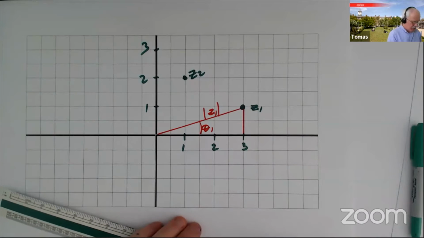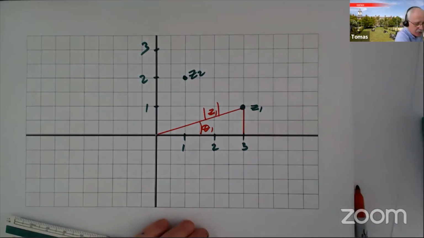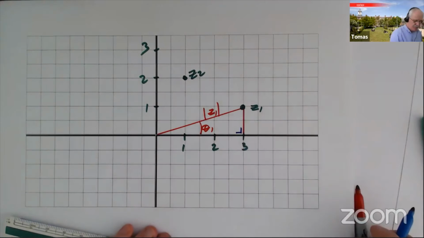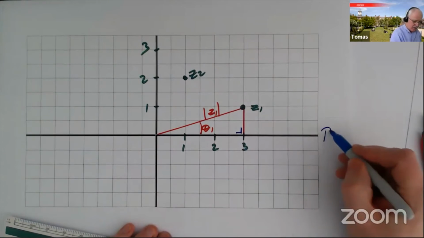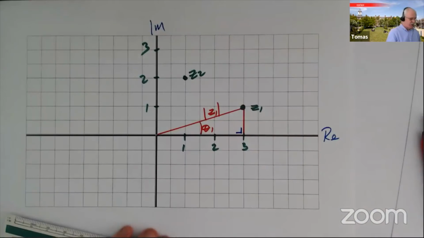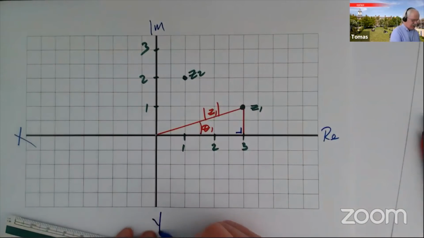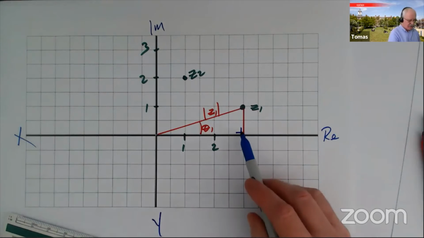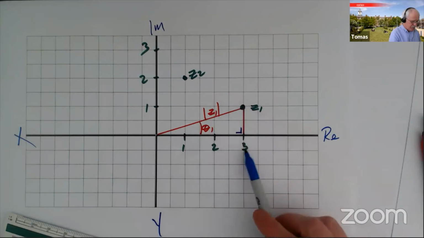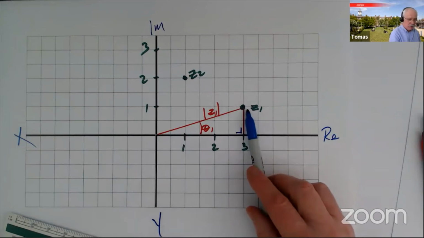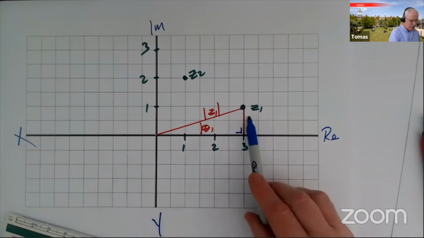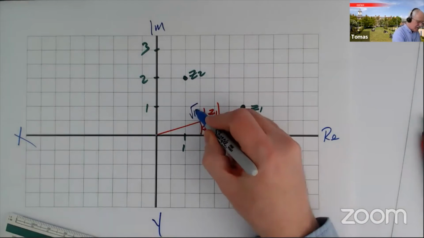Well, if it was a different topic on the course, like trigonometry, we'd say, that's a right angle triangle. I know this is real, I know this is imaginary, but it's working exactly the same way as x and y. That's 90 degrees. If that's 3 and that's 1, we should be able to get the length from Pythagoras. 3 squared plus 1 squared would make that the square root of 10.